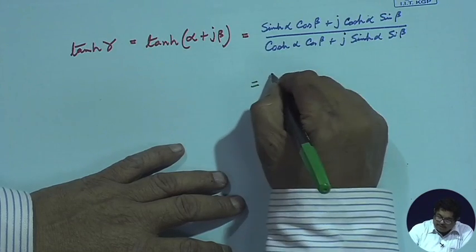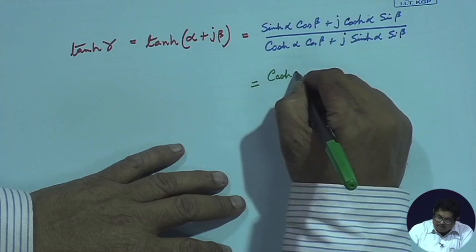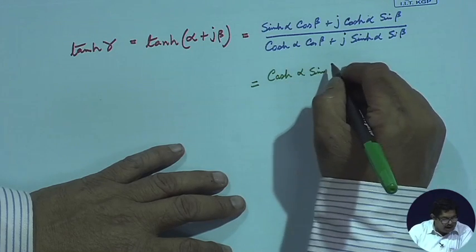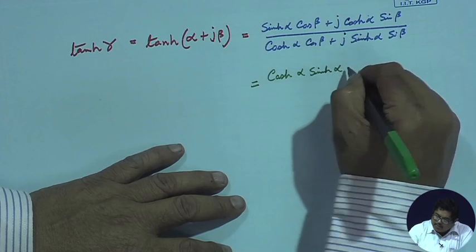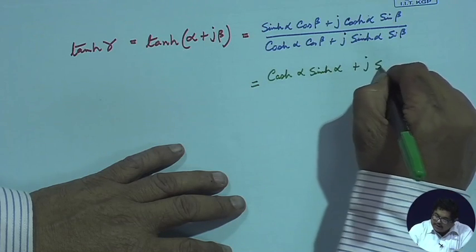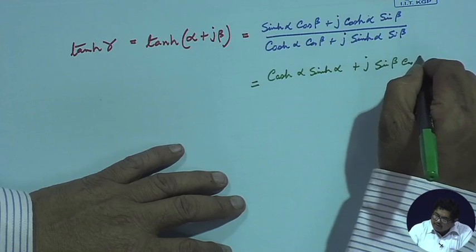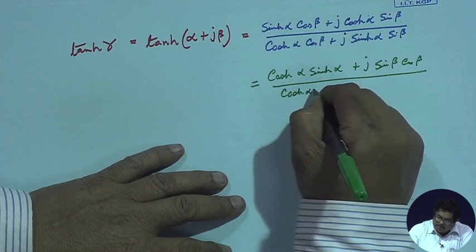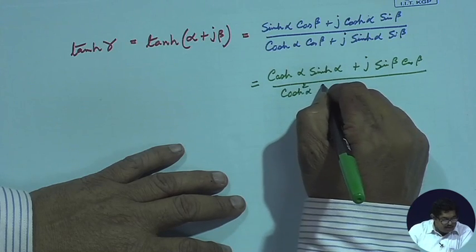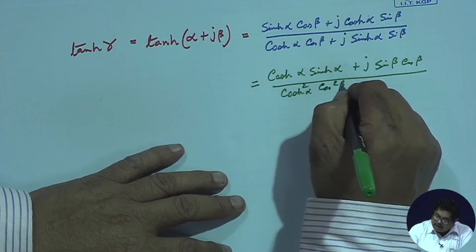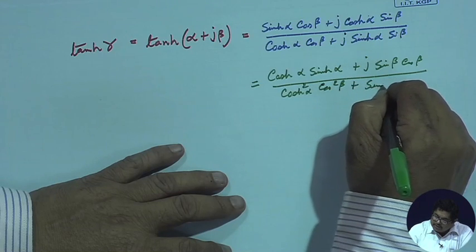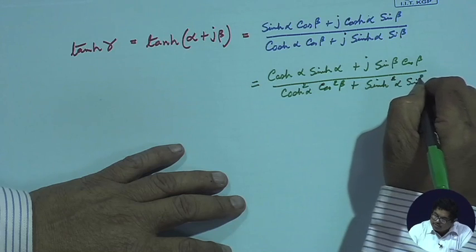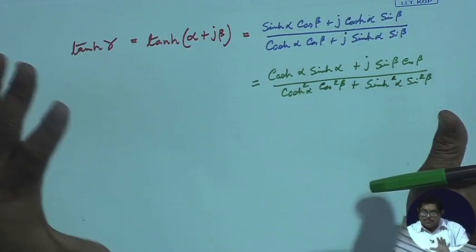After some simple manipulation, that becomes cos hyperbolic alpha sin hyperbolic alpha plus j sin beta cos beta, by cos hyperbolic square alpha cos square beta plus sin hyperbolic square alpha sin square beta. So, the denominator is pure real.